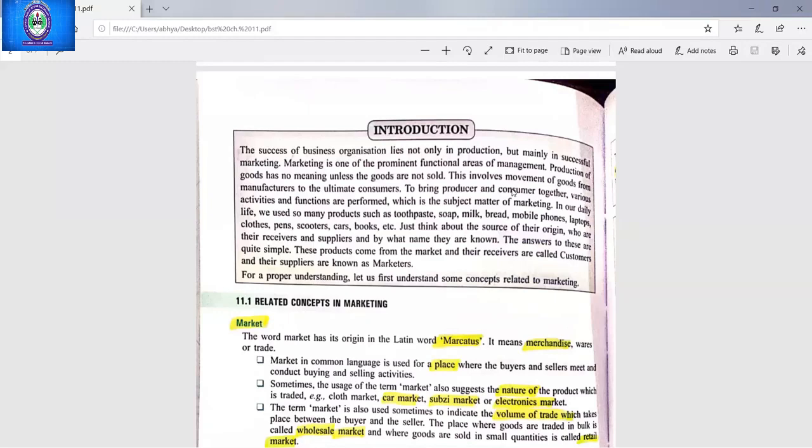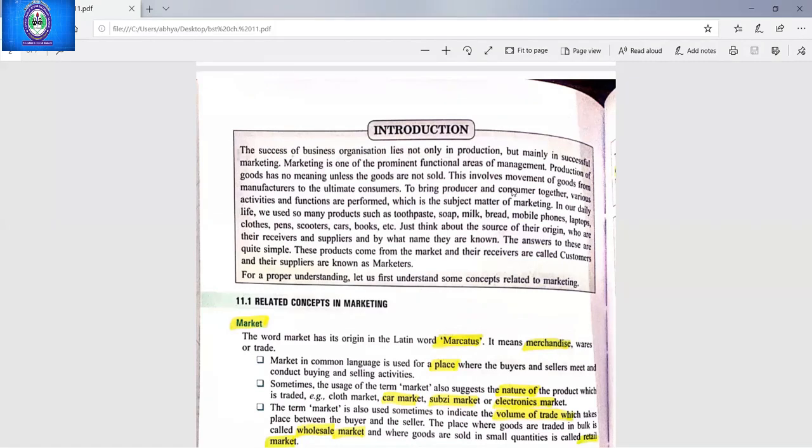But after the introduction of LPG in 1991, the focus changed from production oriented to market oriented. Now marketing has become the most important factor for the sellers, because they will be producing the goods, but while selling them they will face problems.